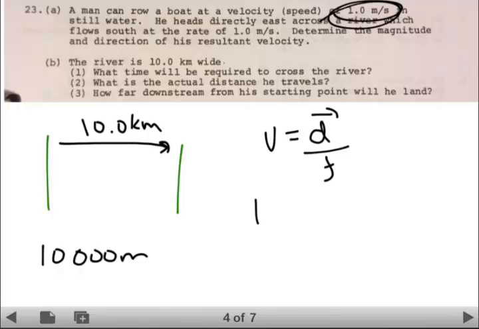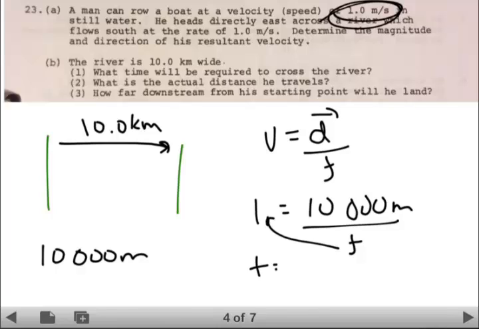We have our velocity. It is 1. That is going to be equal to the distance he needs to travel, 10 kilometers or that many meters, over time. To solve for that, we're going to bring the t up here, so t then is equal to 10,000 seconds, because it's in meters per second. So 10,000 seconds is how long it's going to take him.